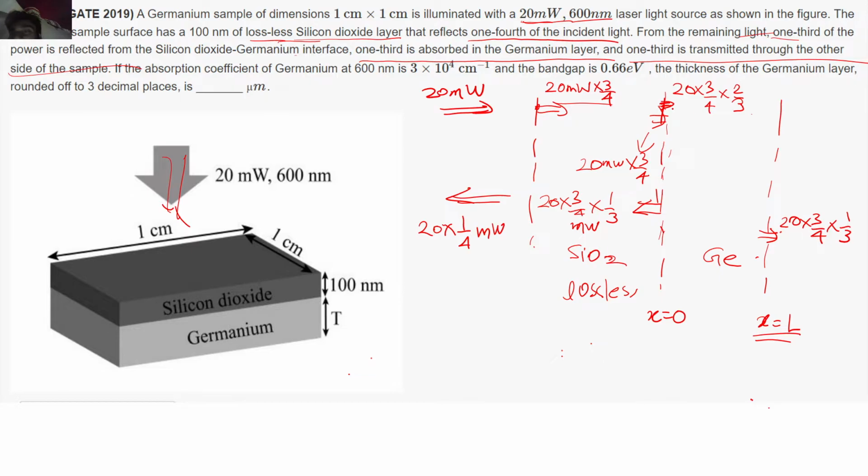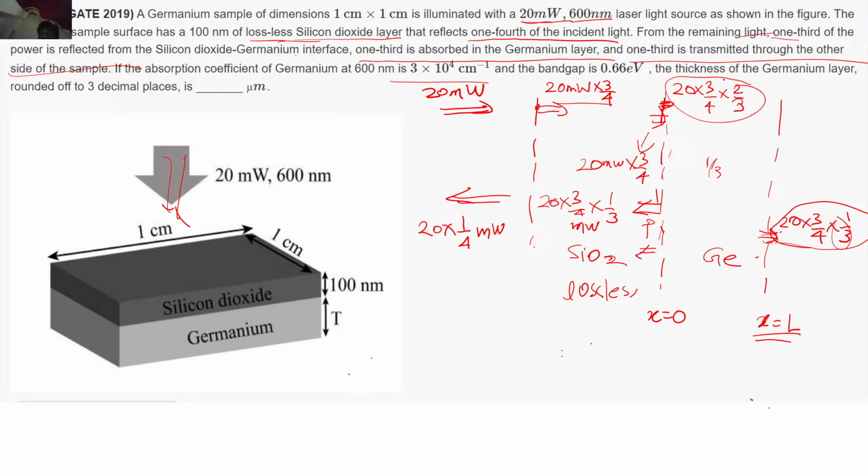See, this was the power that I had, 1/3 got reflected, and whatever is left, 2/3 remained. Out of that, 1/3 got absorbed in the germanium and 1/3 got transmitted through the germanium sample, right? Now what they have asked is, okay, they have given the band gap and they have given the absorption coefficient, right?